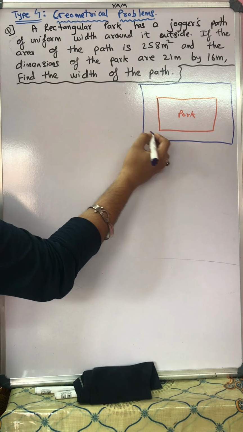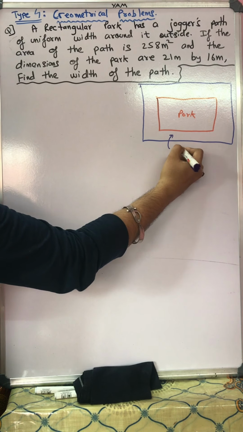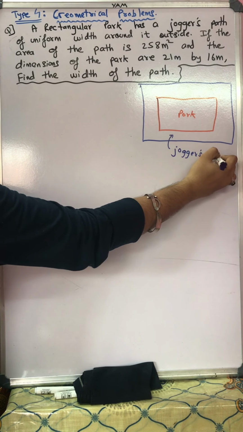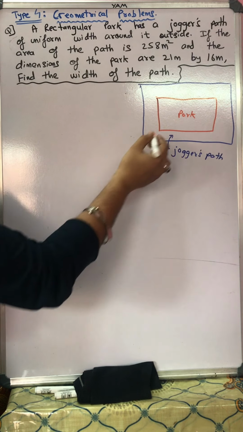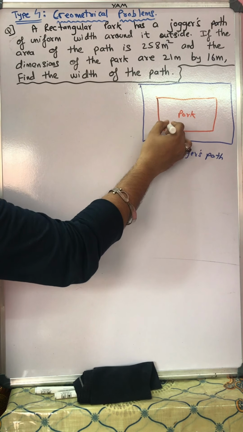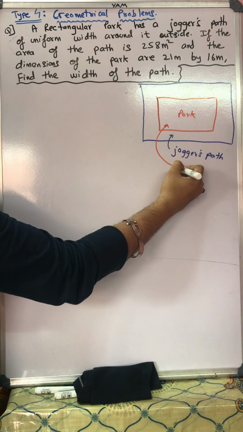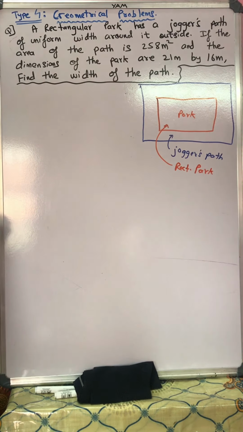This purple color part is the jogger's path, and the inside orange color is what? Rectangular park.